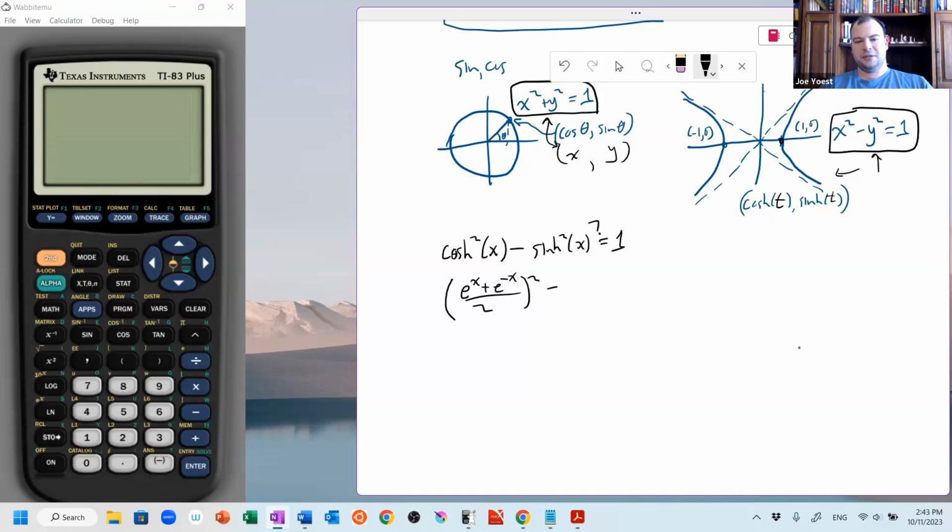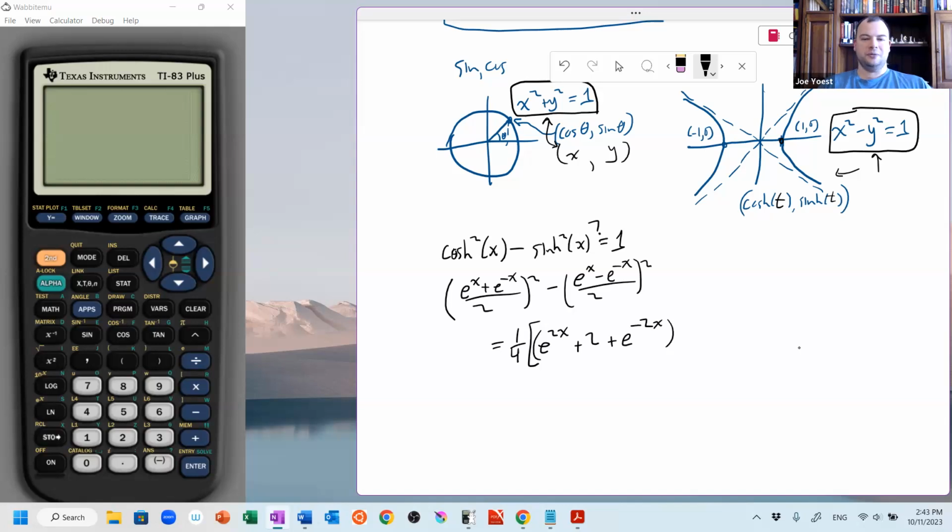Cosh squared is that. And sinh squared is that. I get a 1/4 out of everything. And then what do I have? I have e to the 2x plus 2 e to the x e to the minus x, that's just plus 2, plus e to the minus 2x.